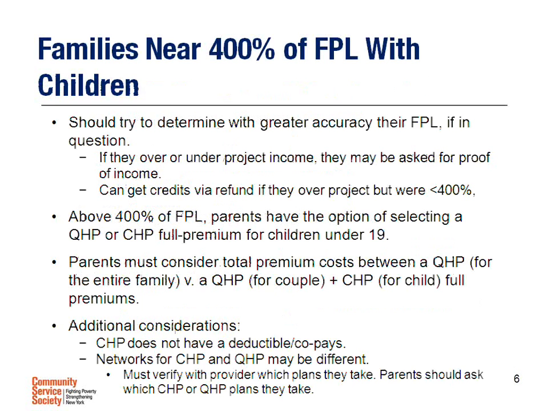If they want to overproject and the system allows them to go through, or they just have to provide proof of income, and then they can get a QHP, a family QHP, then that's not a problem. At the end of the year, if they end up making less than 400% and they were entitled to tax credits, they can just get it through a refund. So that's not an issue.